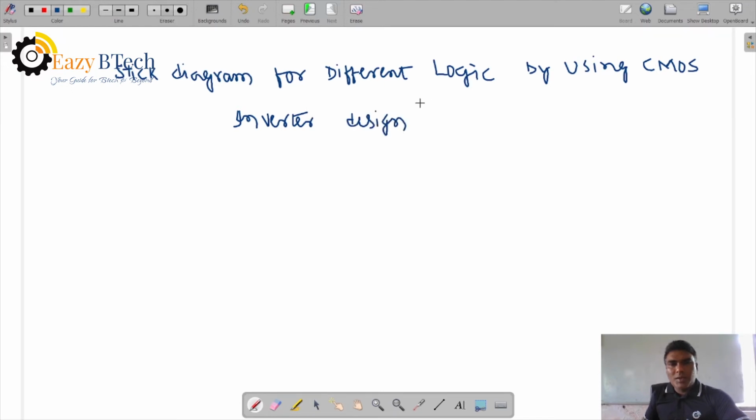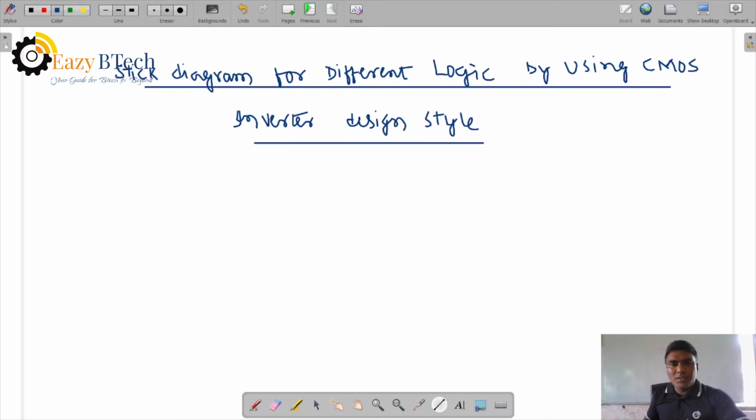In the CMOS inverter design style, we have different logics. You can draw the stick diagram for the different logics by using the CMOS inverter design style.